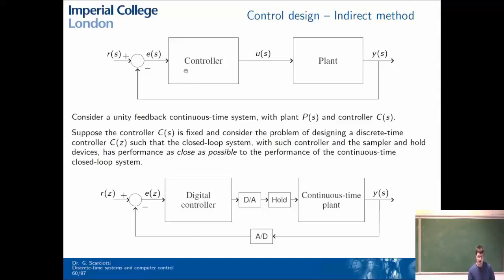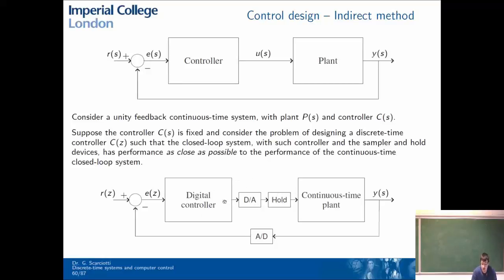So we design our controller in continuous time using the techniques that you have learned in previous courses. And now what you want to do is to discretize this controller, okay? So now you want to obtain a digital controller that is interfaced with a continuous time plant using a digital to analog converter, so a sampler and a hold device, okay?